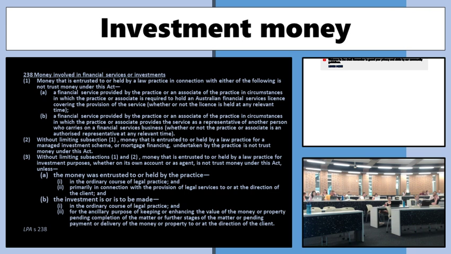What does come up, though, is when money is entrusted to a firm in the course of legal practice, but it needs to be invested. We need to maintain the value of that investment. Because if we leave money in a bank account and it's not earning interest, it's losing value. If you're a trustee, are you allowed to do that? No. You've got to maintain the value of whatever is entrusted to you.